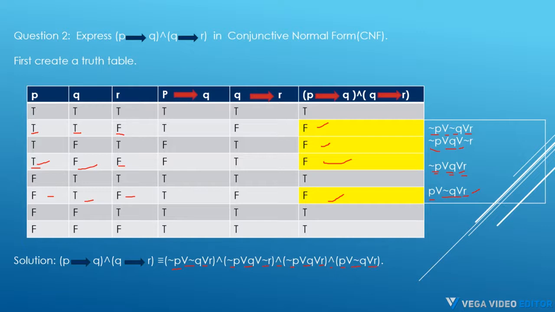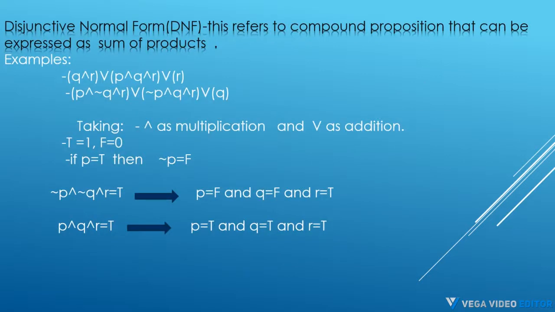So next, let's discuss DNF, disjunctive normal form. It refers to a compound proposition that can be expressed as a sum of products. Consider the example: this expression here is an example of a sum of products.